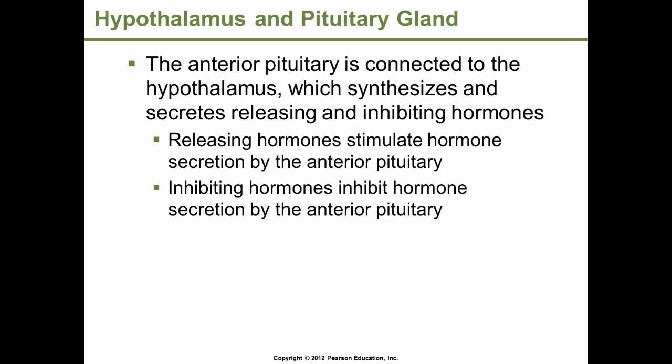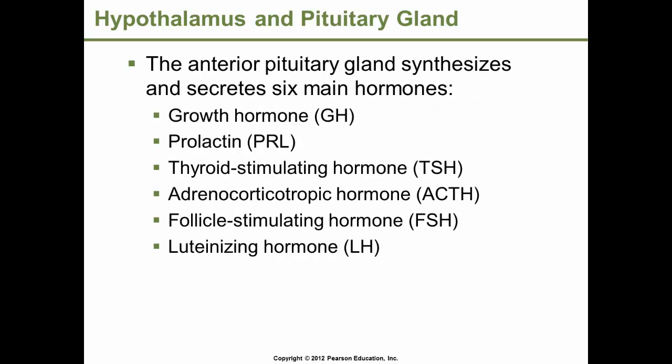The releasing hormones stimulate hormone secretion by the anterior pituitary, whereas inhibiting hormones inhibit hormone secretion by the anterior pituitary. The anterior pituitary responds to releasing and inhibiting hormones from the hypothalamus by modifying its own secretion and synthesis of its 6 hormones.